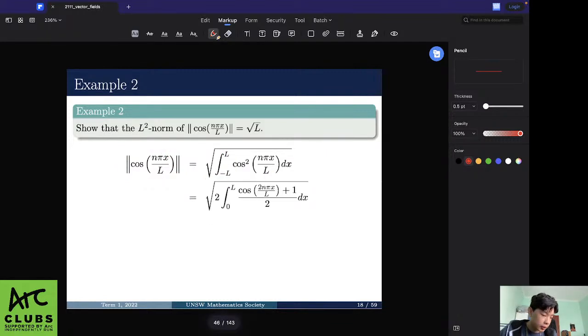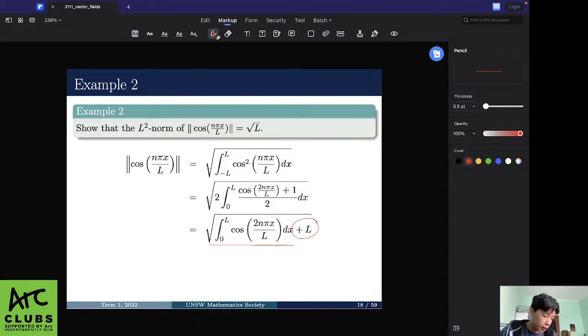Since this is an even function, we can multiply it by 2 and then cut the bounds from minus L to L down to 0 to L. What we can do is multiply these two out, so these cancel, and then we can do the integral from 0 to L of 1, and that gets us our L here.